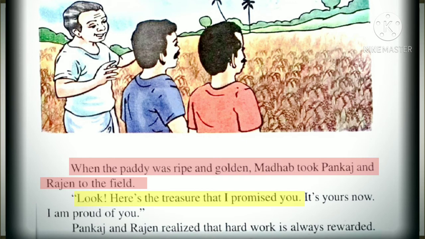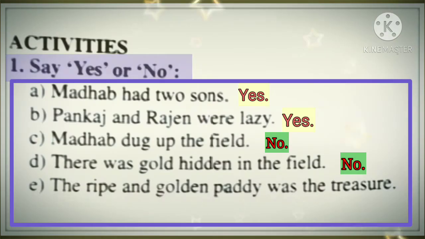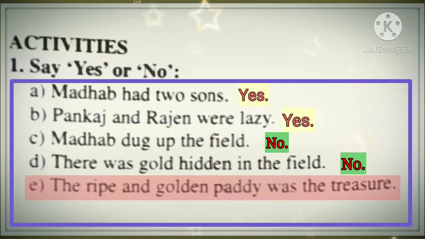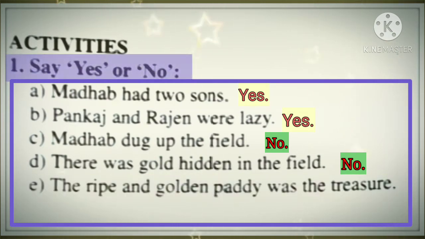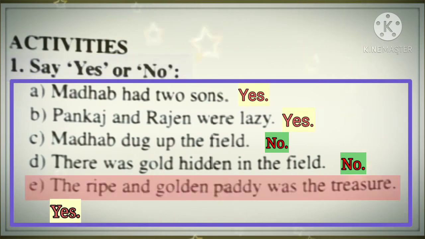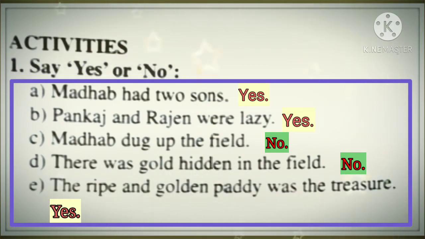So, from these lines, we came to know that the treasure that Madhav was talking about was the ripe and golden paddy. The statement, the ripe and golden paddy was the treasure, is true. And we will write here yes. Okay students, read this activity at home.